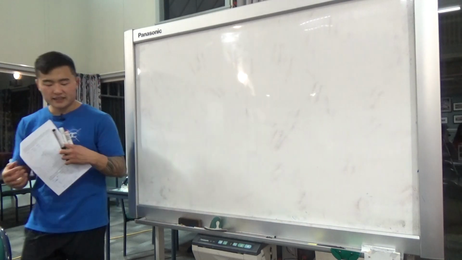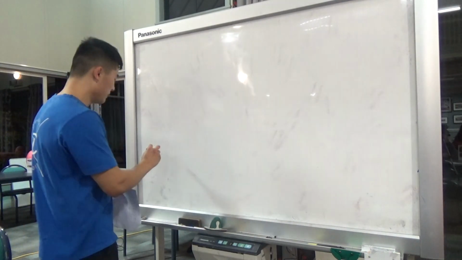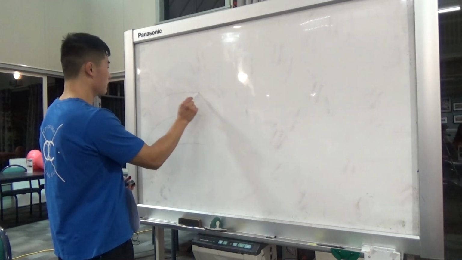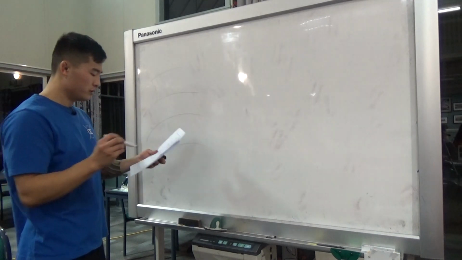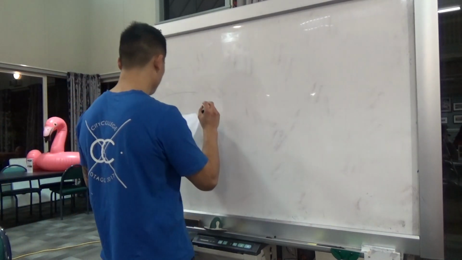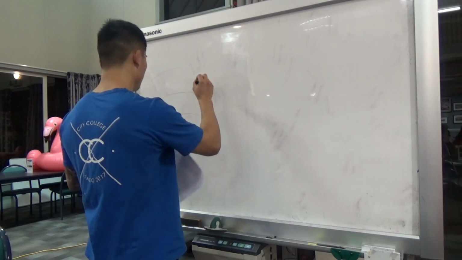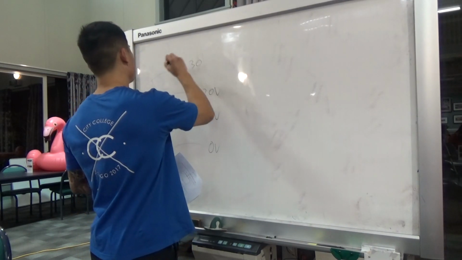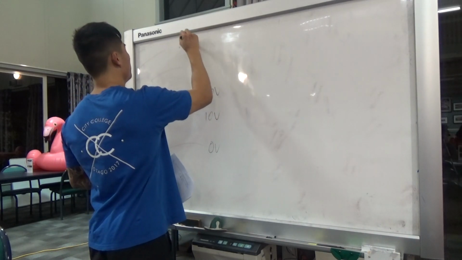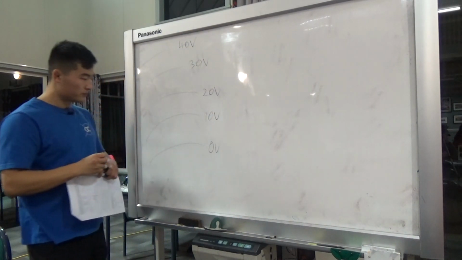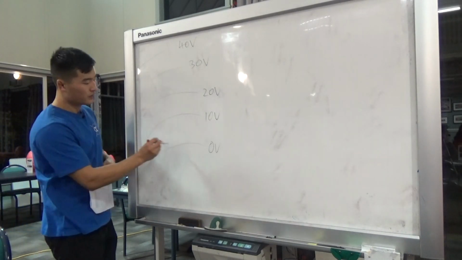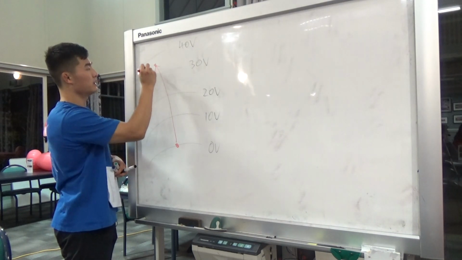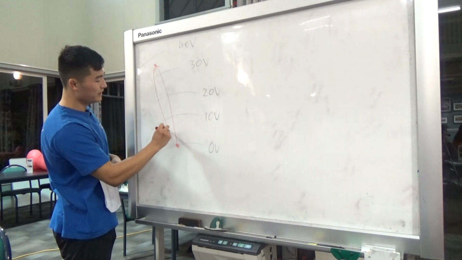So it goes from 0 volts up to 10 volts, 20 volts, 30 volts, 40 volts. So it goes from 0 volts up to 35 volts, and then it comes back again.